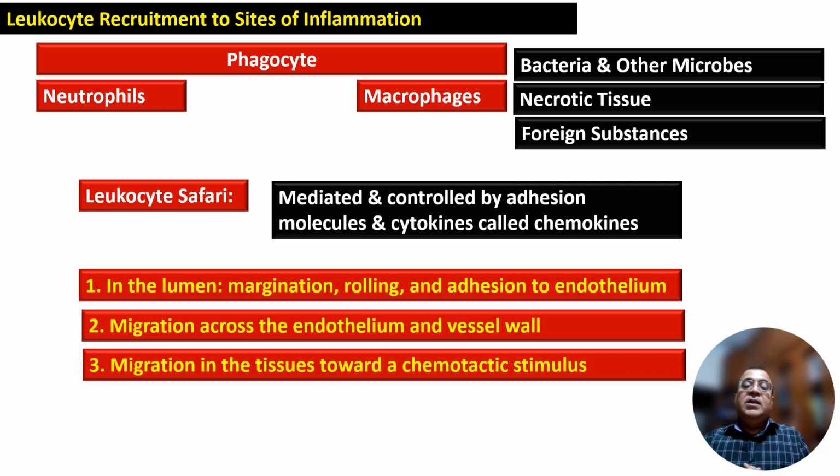So, the cellular events that occur during acute inflammation are divided into three. Some cellular events occur within the lumen, that are margination, rolling, and adhesion to the endothelium. Then migration across the endothelium and vessel wall.